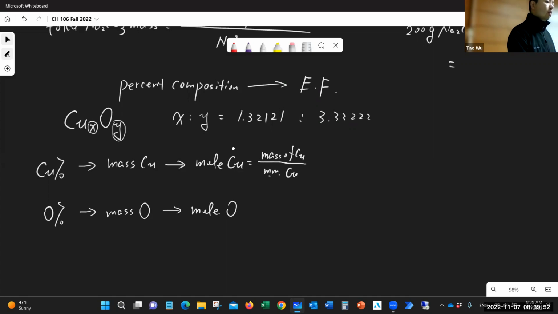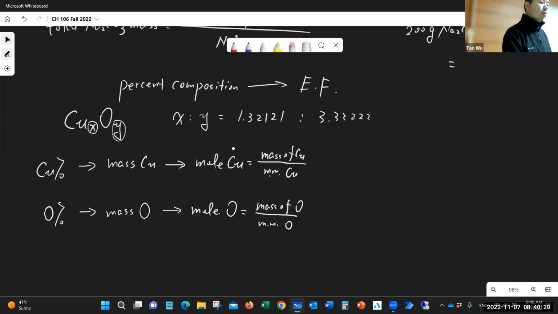This comes from previous knowledge. And the moles of oxygen will be the mass of oxygen divided by the molar mass of oxygen. We're talking about copper and oxygen, not copper oxide, okay? So you just divide by the molar mass of copper or the molar mass of oxygen, and then you get the moles.